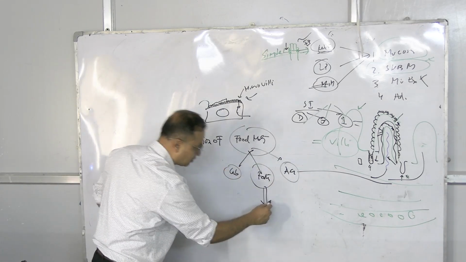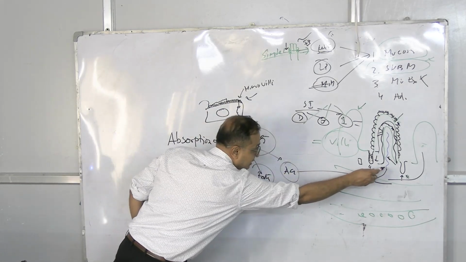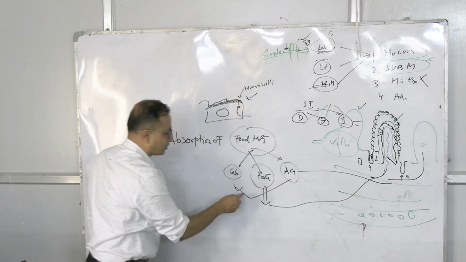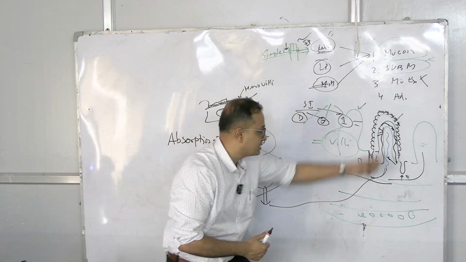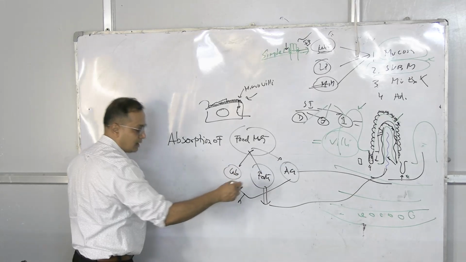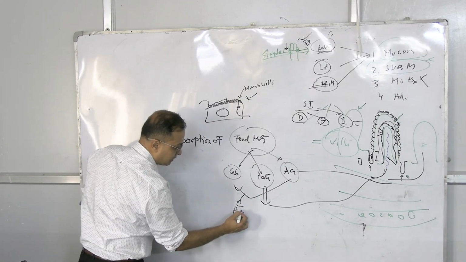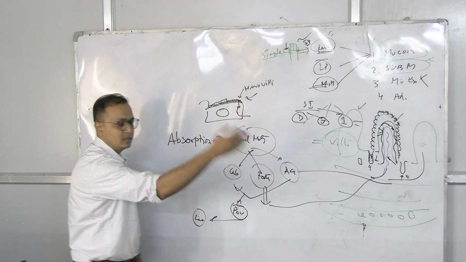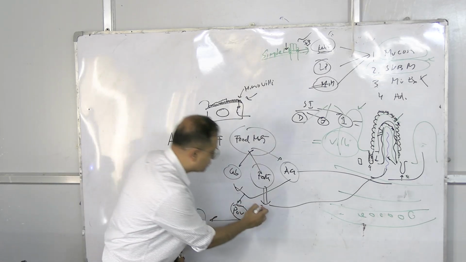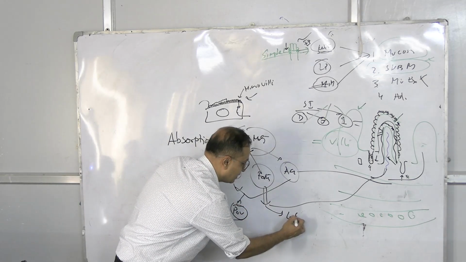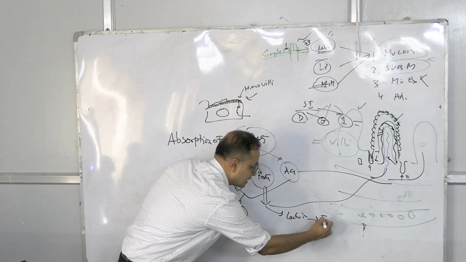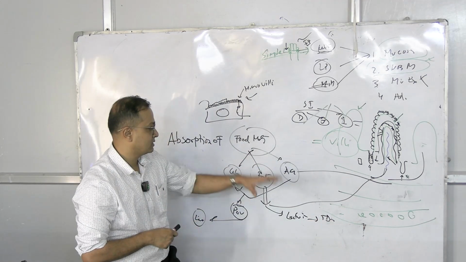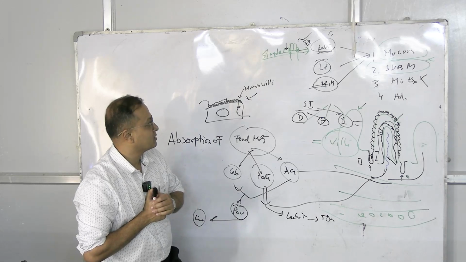The fatty acids run through the central blind end known as the lacteal system, and the carbohydrates and proteins go through the blood collection system. Carbohydrate and protein absorbed together go to the portal vein and eventually to the liver, and may be stored or utilized in the system. Fatty acids go through the lacteal system to the thoracic duct. This is how food material is transported.